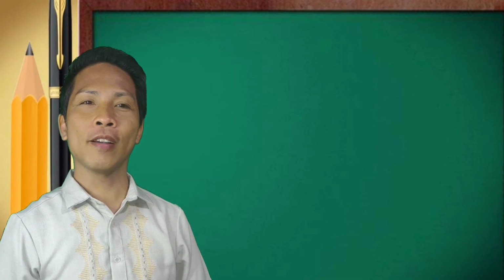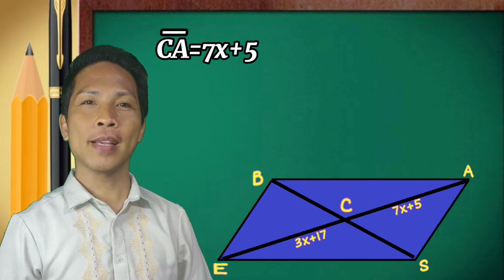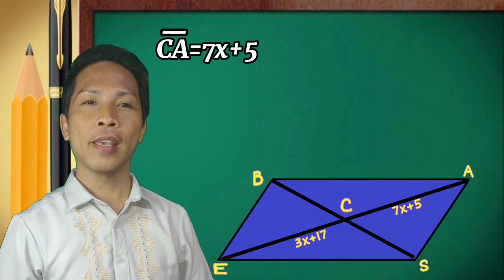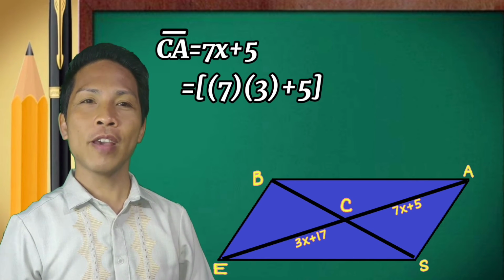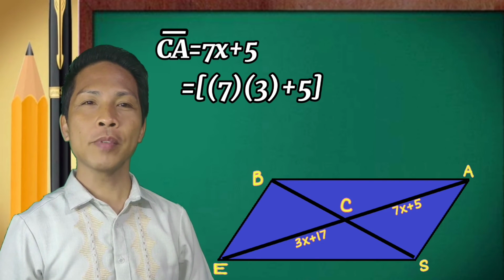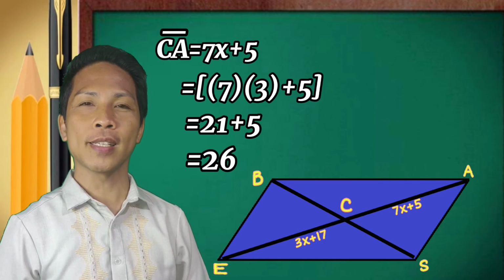To obtain the length of segment CA, we have 7x plus 5. x shall be substituted by 3. 7 times 3 plus 5. 7 times 3 equals 21 plus 5 equals 26.